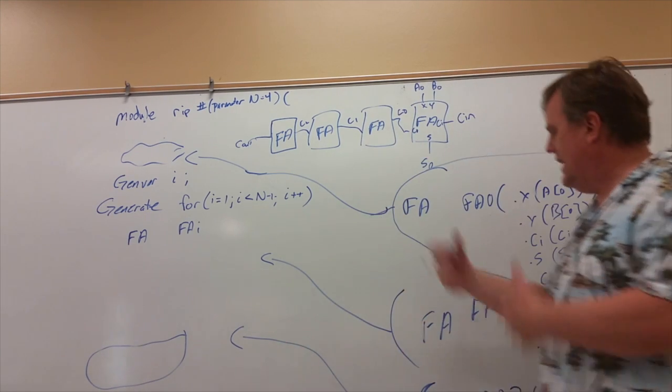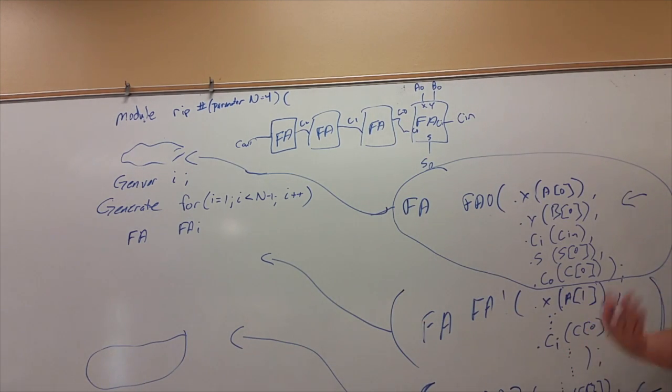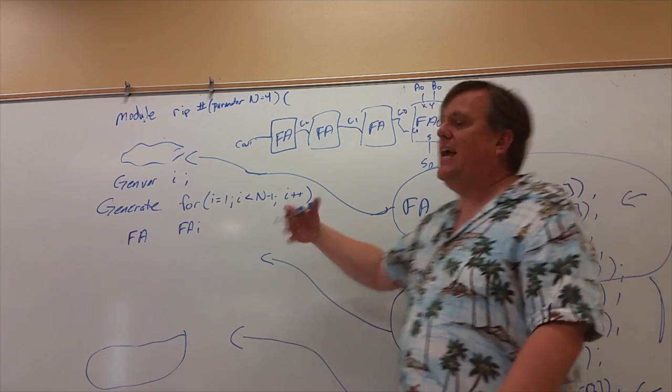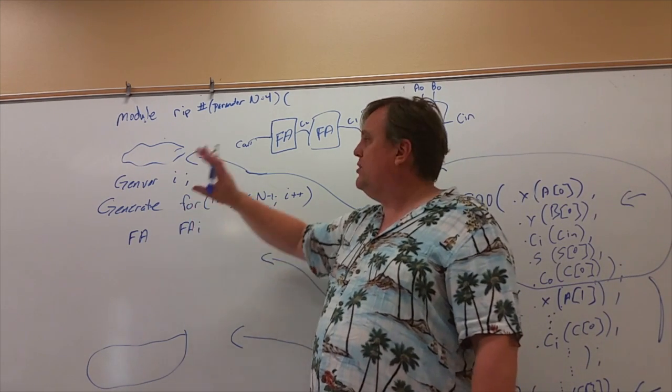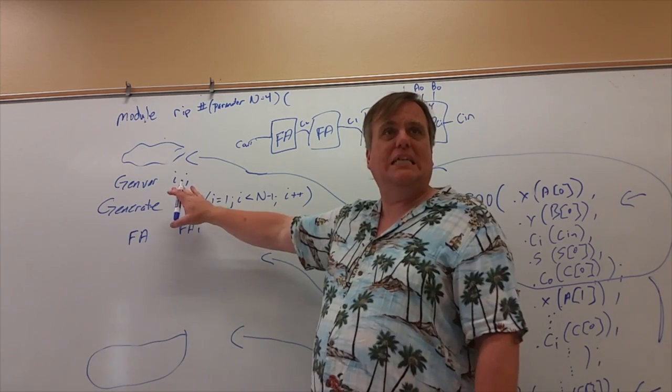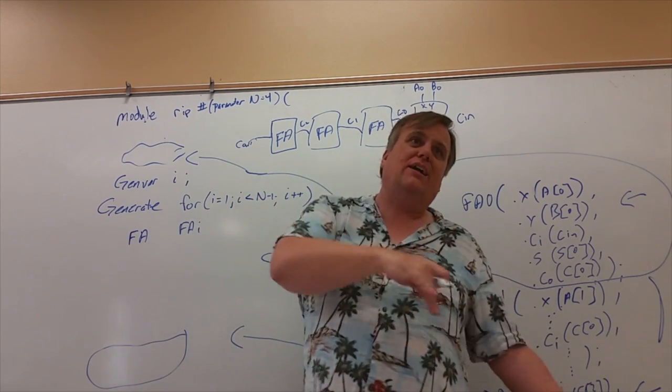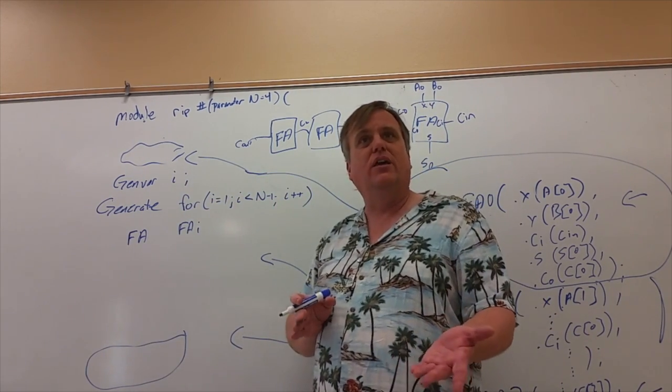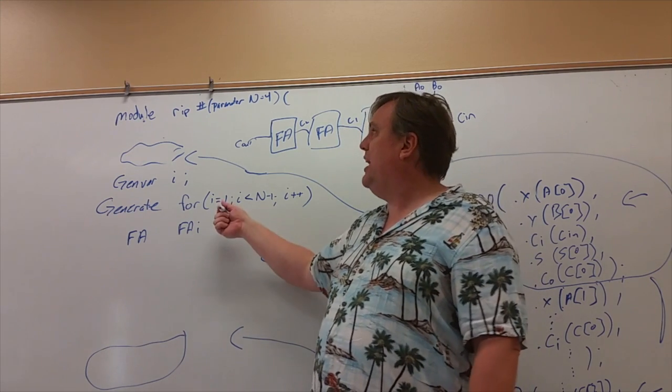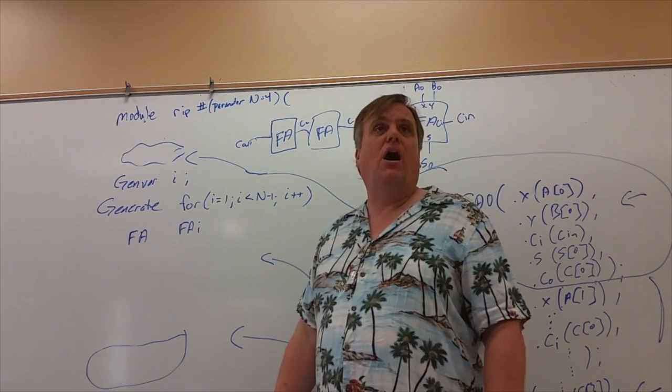I was just making that generic because then we could say, oh, if it's 4, it's this. But you can now see the power of where generate comes in. Because if you want 32 of these things, for 32 I'd have to write a completely different one where I copy and change those things manually. However, with generate, I can have one module.